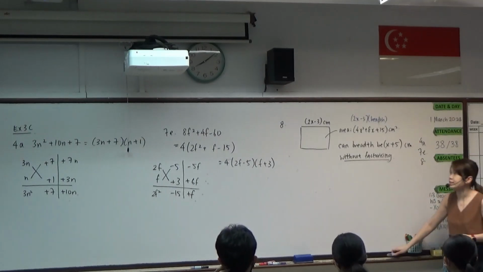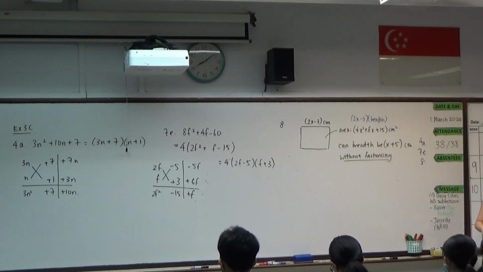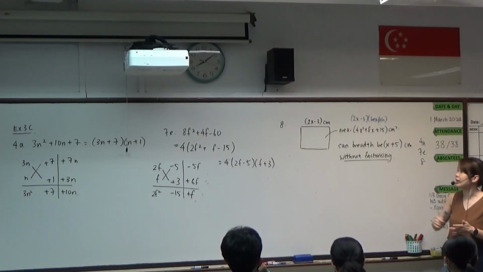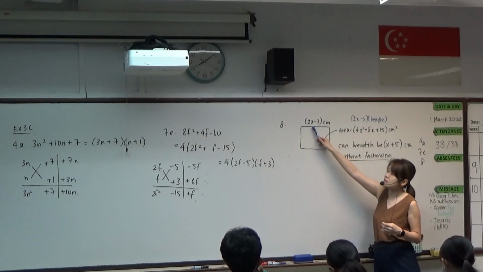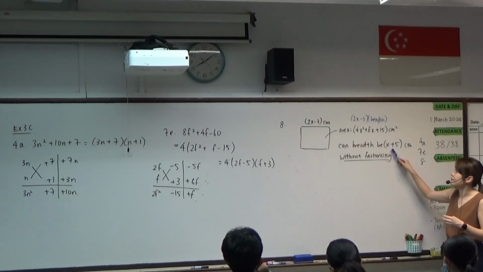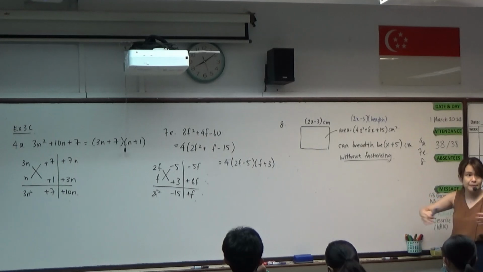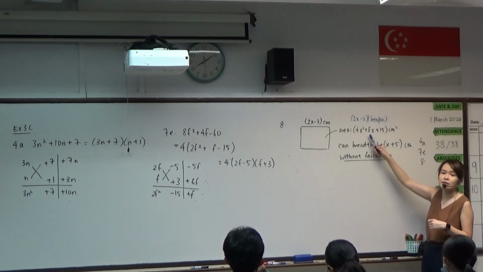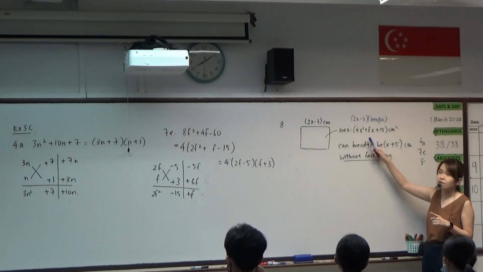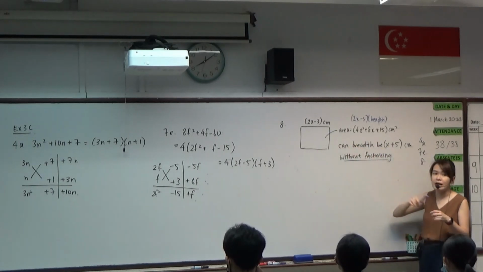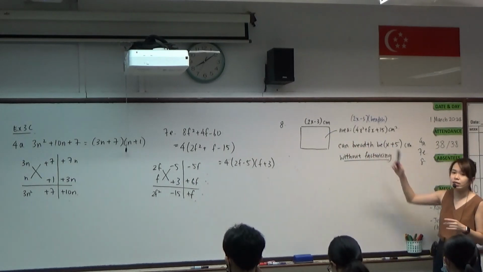Okay, so we think about this, right? What if the breadth is x plus 5? Okay, so if the breadth is going to be x plus 5, that means if I were to take 2x minus 3, multiply with this breadth x plus 5, okay, I expand it, I need to get this area, correct? Okay, if I take this length and this breadth, I expand it, I'm going to get the area.